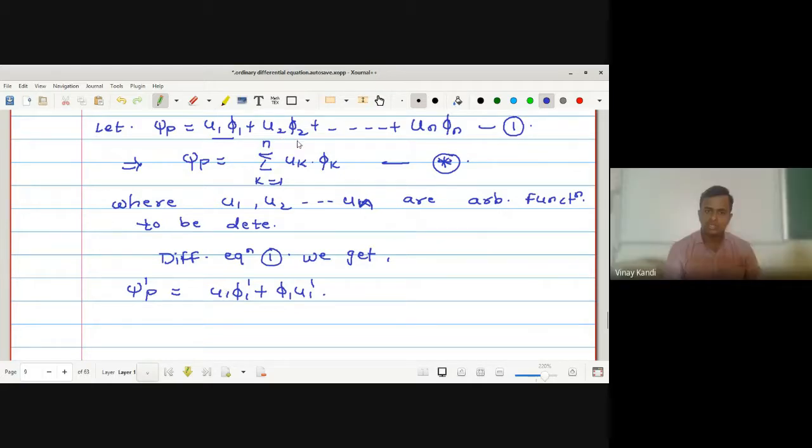Again for u2 it will be the same: u2 phi2 dash plus phi2 u2 dash. Okay, up to so on, plus un phi n dash plus phi n un dash.